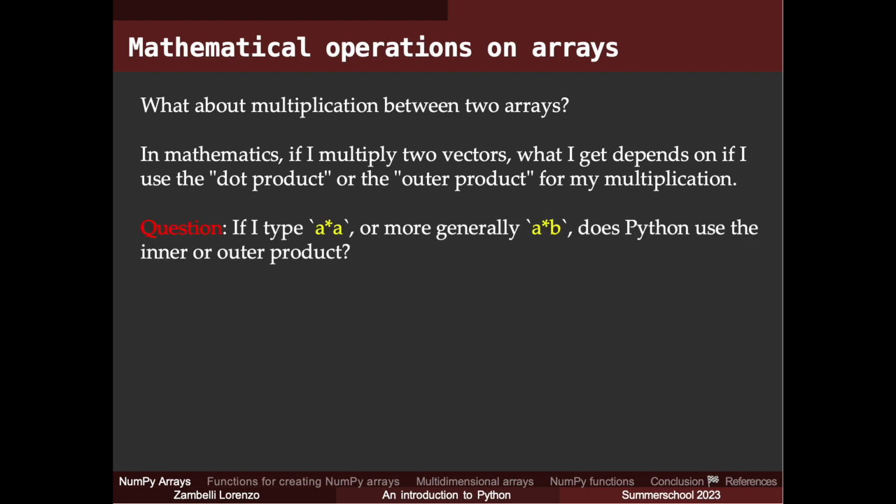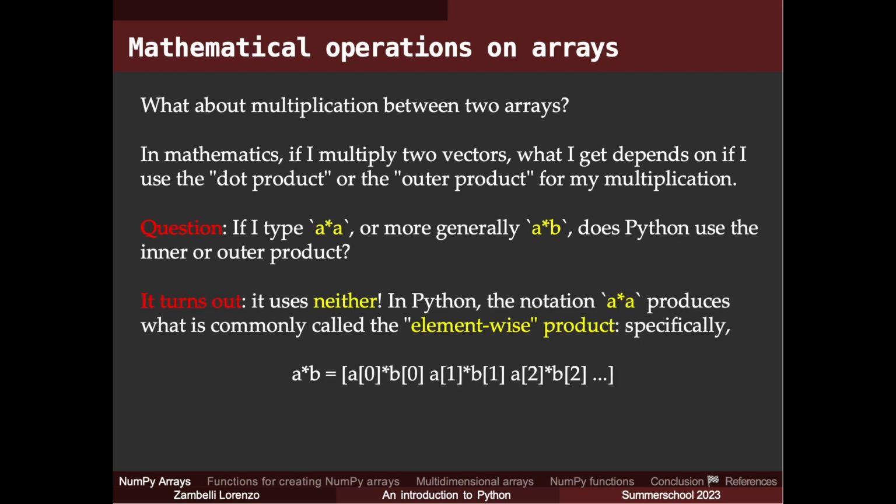Okay, and the question you may have: what happens when we multiply a times a? Or more generally, will a times b give an inner or outer product?